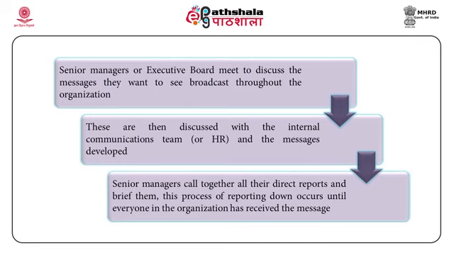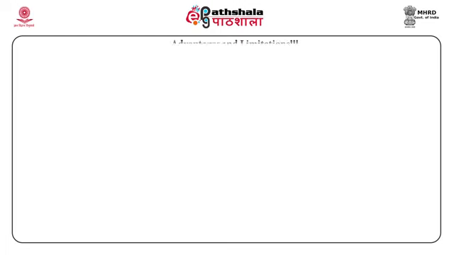This process of reporting down occurs until everyone in the organization has received the message. We should note that meetings should not last more than 20 or 30 minutes. If they are longer, including feedback, questions and discussions, then there are too many messages or the messages given are too complicated. Let us look at the advantages and limitations of the cascading model.